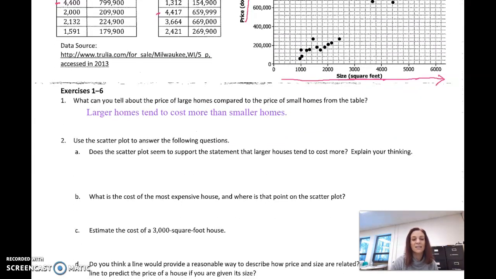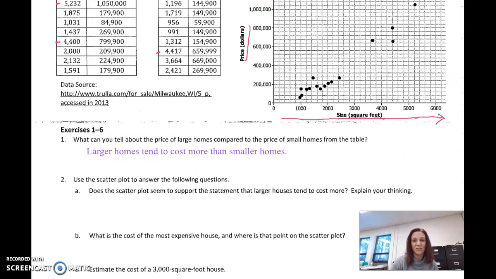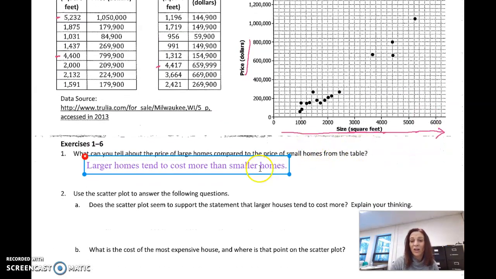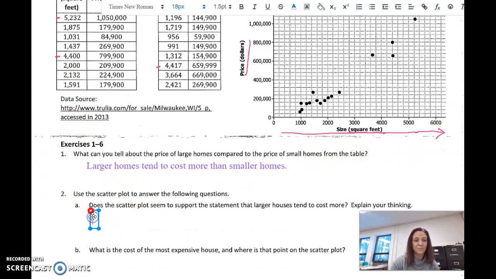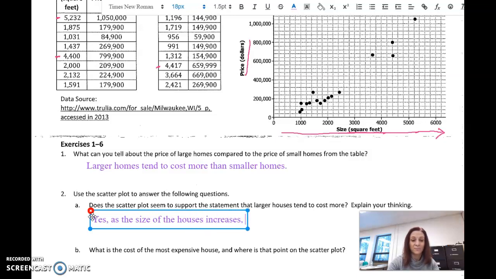Does the scatter plot seem to support the statement that larger houses tend to cost more? Explain your thinking. Yes, it does. And you're going to hear me say this a lot too. As whatever the x-axis is increases, as the size of the houses increases, the price also tends to increase.